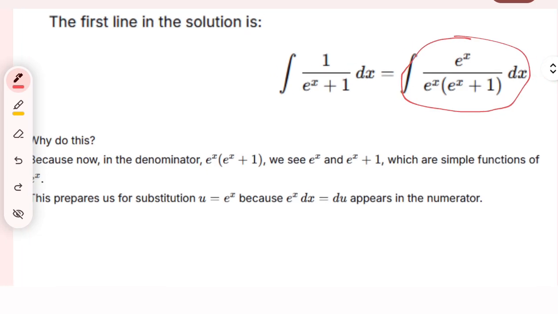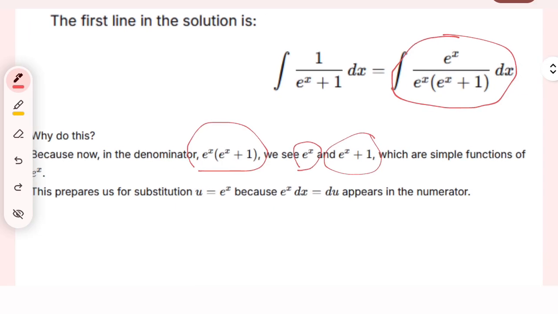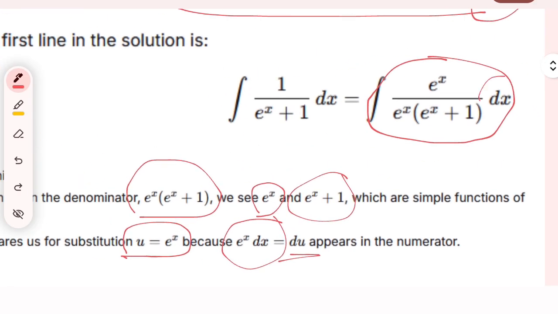Now the denominator has an e to the x there, and there's also an e to the x plus 1. So we will let u be e to the x, and our du would be e to the x dx, which is actually already there.